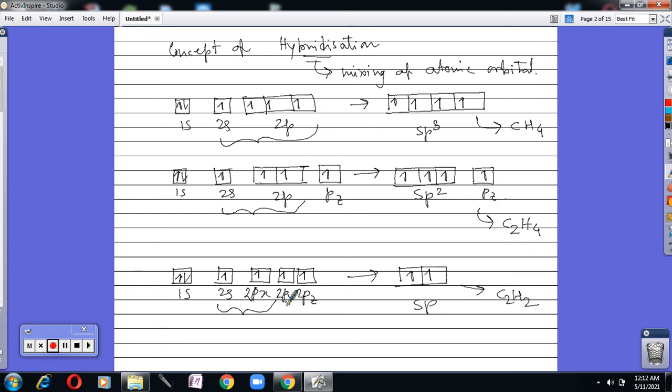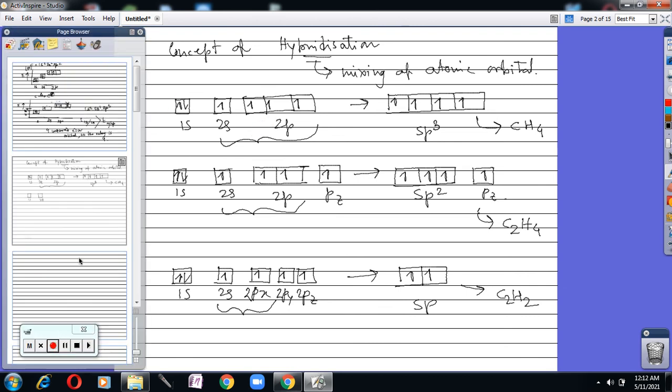So it's a new hybrid orbital having new energy, right? Okay, great. So this one is the hybridization concept.